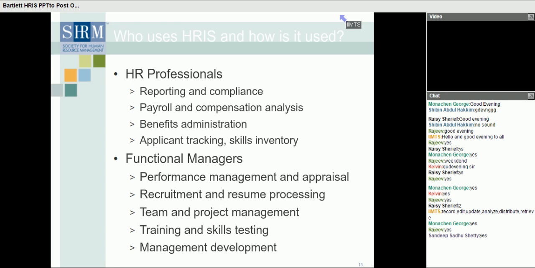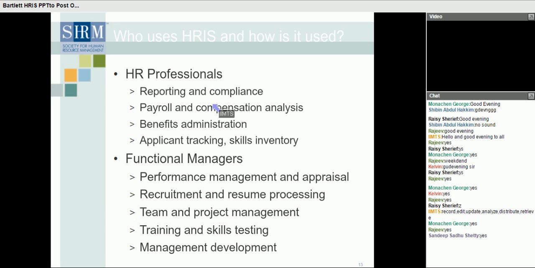Then who uses HRIS and how is it used? HR professionals: reporting and compliance, payroll and compensation analysis, benefits administration, applicant tracking and skills inventory. Then functional managers: performance management and appraisal, recruitment and resume processing, team and project management, training and skill testing, and management development. So this is what the system can do.